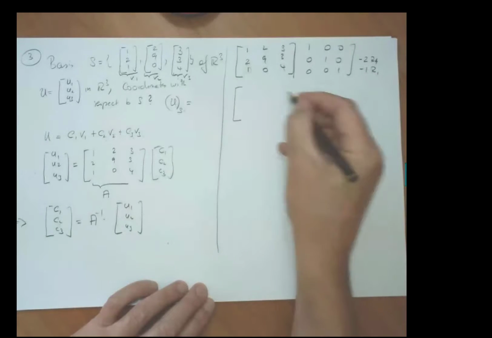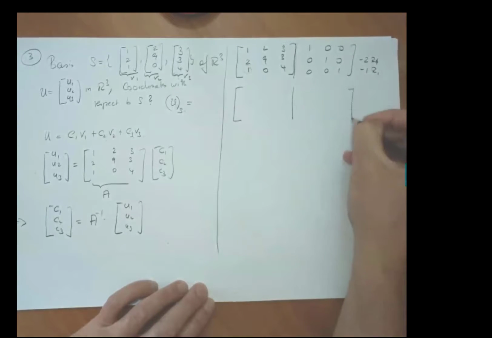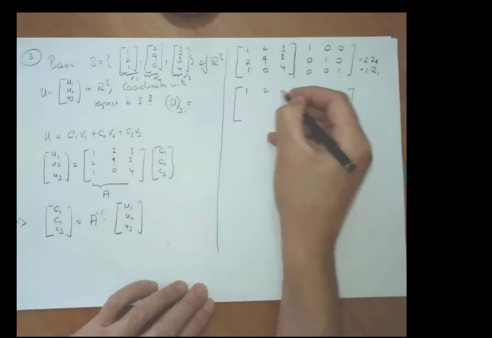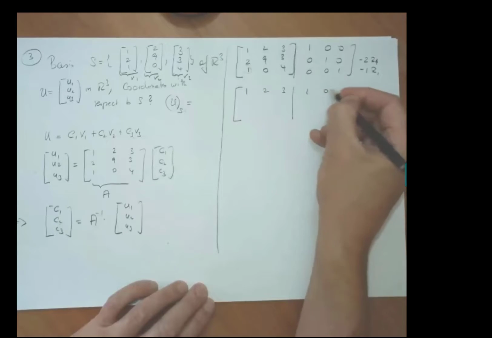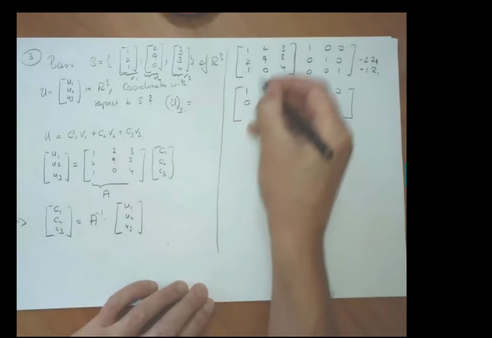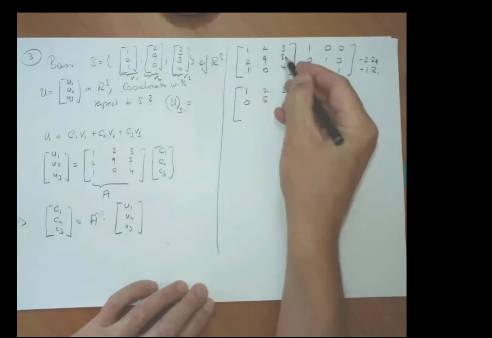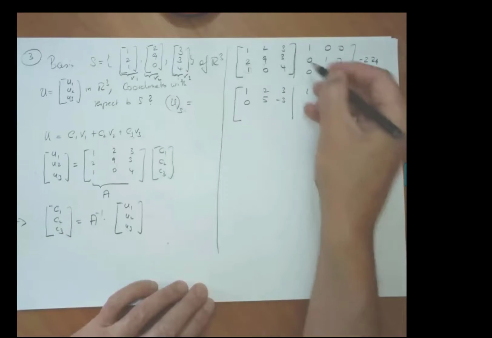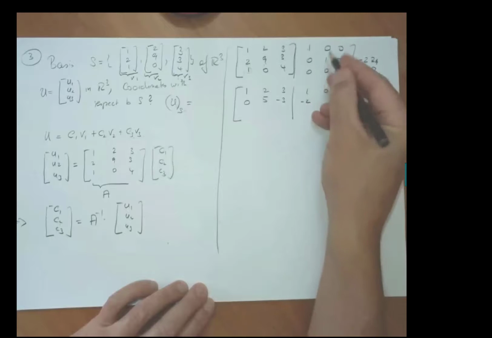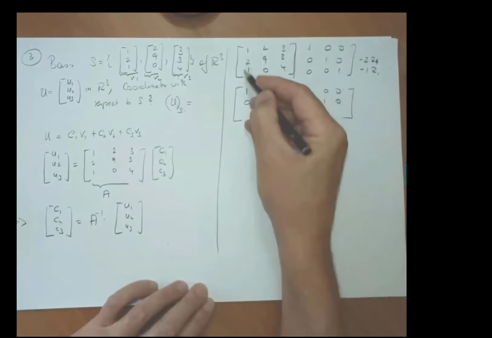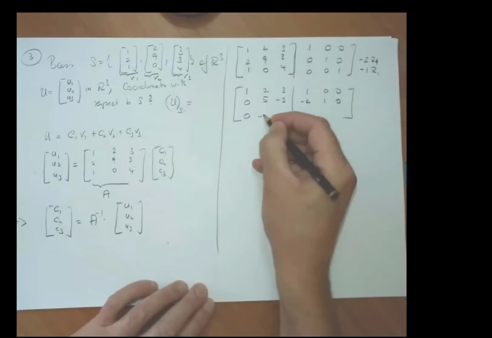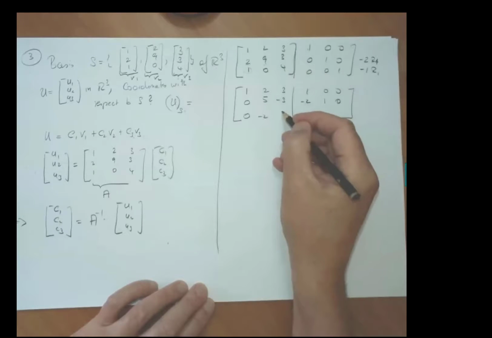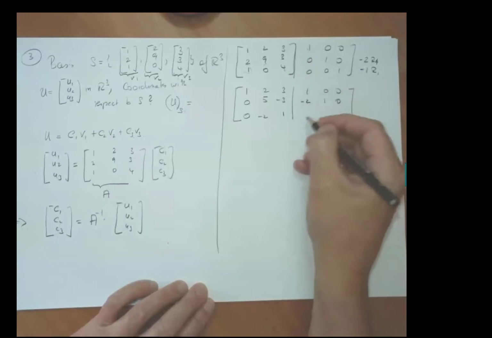So we get the first row not changed. Now this minus 2 times this is 5, this minus 2 times this is minus 3, 2 times this is minus 2, this minus this is 1, and then 1 times 0 minus 2, 1, this minus 1, 0, 1.